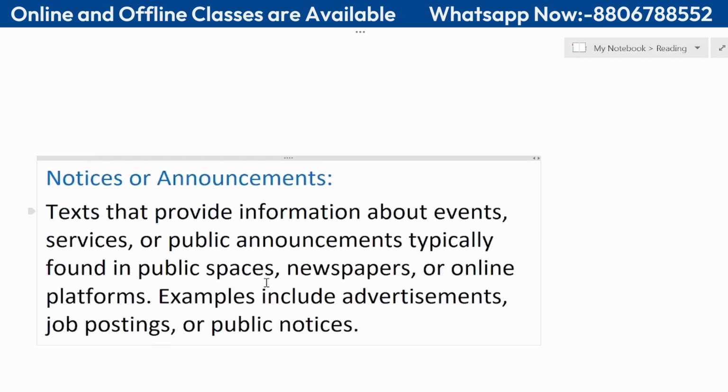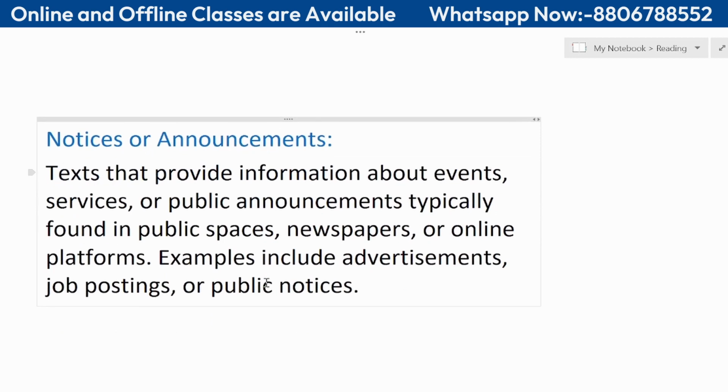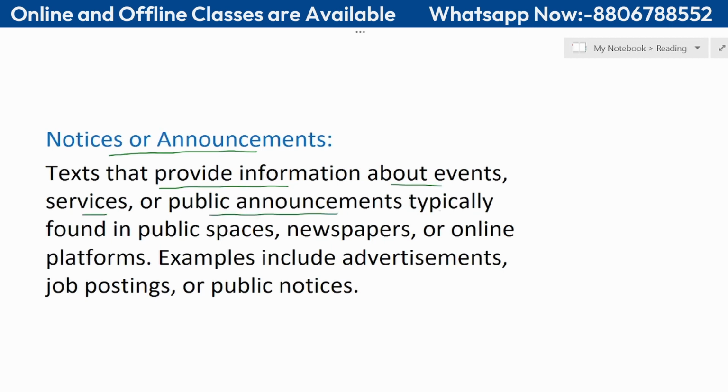Now let us look into the next one, which is notices or announcements. The texts that provide information about events, services, or public announcements, typically found in public spaces, newspapers, or online platforms. Examples include advertisements, job postings, or public notices.